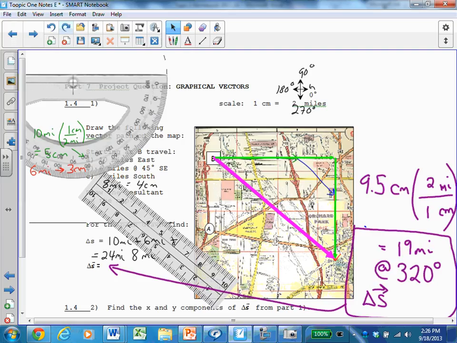To find those values, how am I going to get the values of these in miles? I could measure it, right?